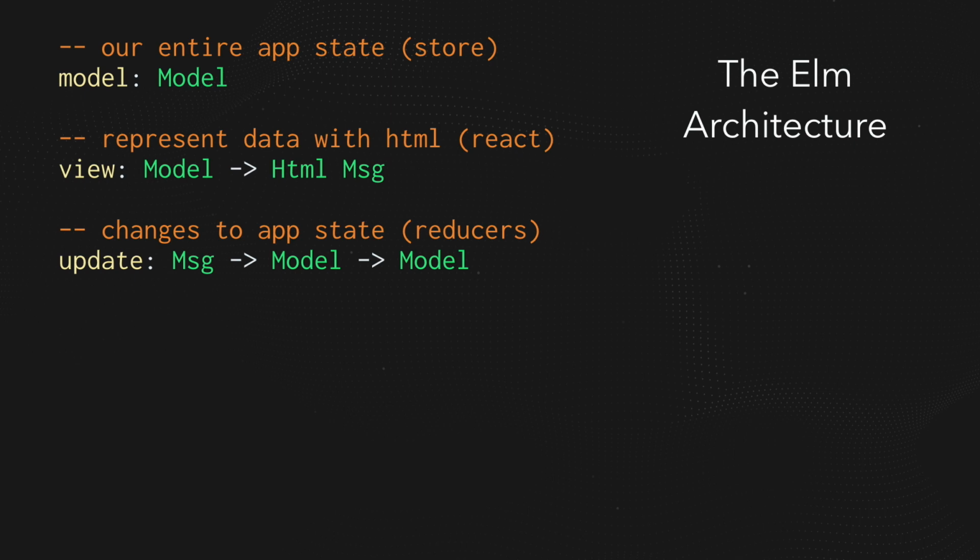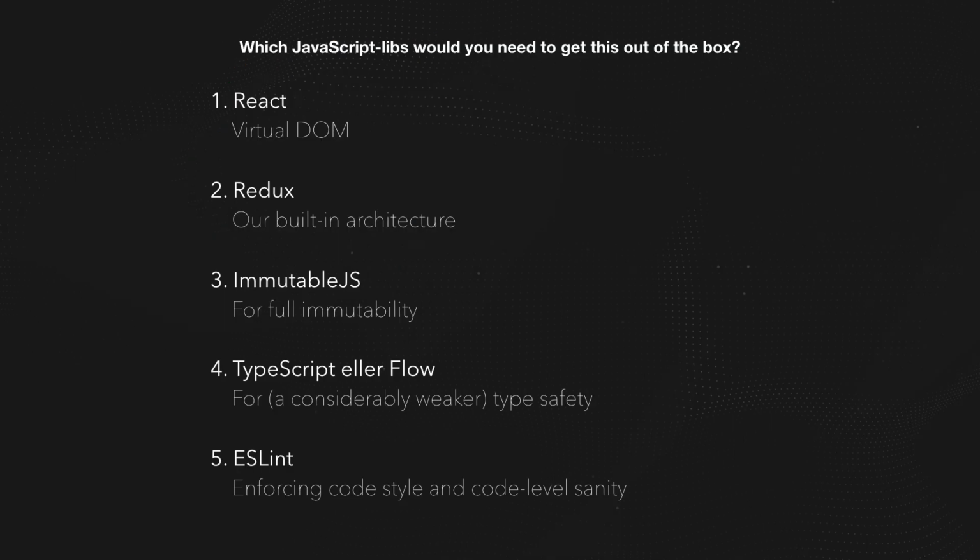So let's think about all of these features that Elm has that I've just shown you. What would you need in the JavaScript world to recreate that? You would need React, or something that has the virtual DOM, right, to create a tree of components. You would need Redux to have the architecture of the unidirectional data flow, all of your data in one big tree.